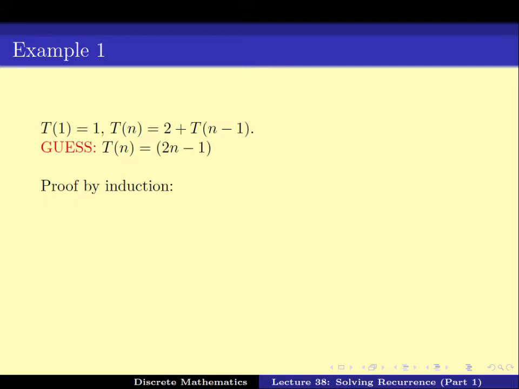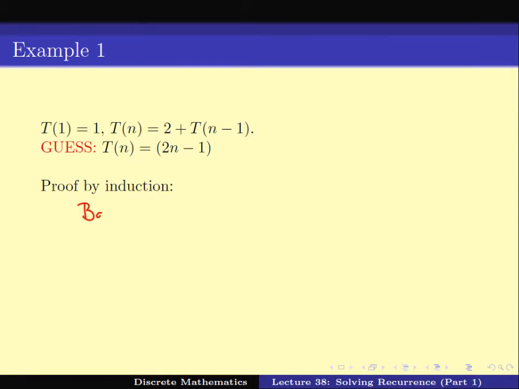If you remember, we should have a base case. In this case, the base case is n equals 1, and we have t1 equals 1. This is something that is given, and which is of course the same as 2 times 1 minus 1. So this value is correct for t1.